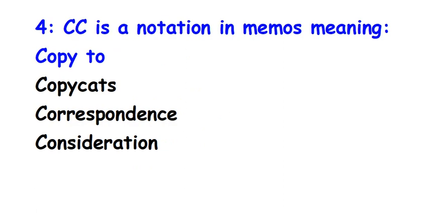Question number 4, we are asked, CC is a notation in memos meaning dash. Copy to, copycat, correspondence, consideration. Okay, CC is a notation in memos meaning. Now CC, it means you're copying to, okay, this meaning carbon copy.